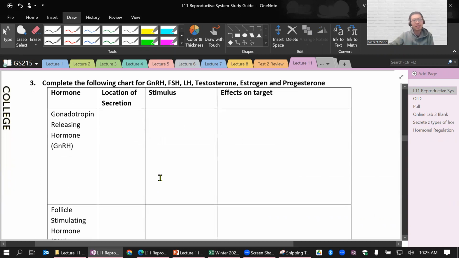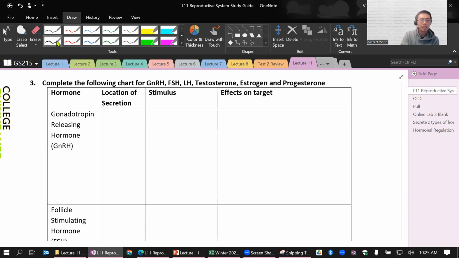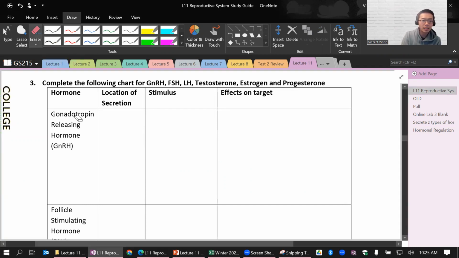Because there's a slight difference between male and female, I'm going to use black if it's the same answer for male and female, and then use red and blue to distinguish different functions in the male and female, if needed. So GnRH, gonadotropin releasing hormone. Where is it from?